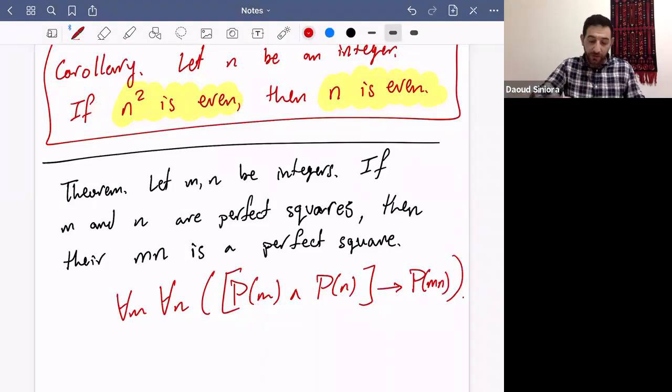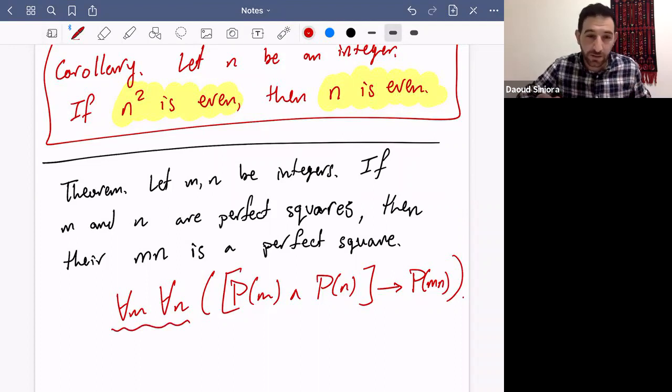This is a universal statement with two universal quantifiers. So choose any m, choose any n. If they are both perfect squares, then their product is a perfect square.